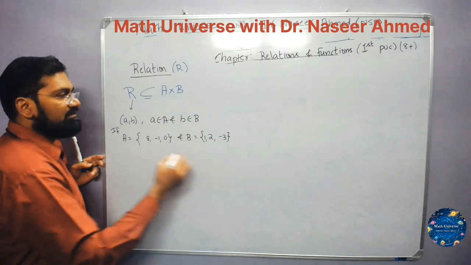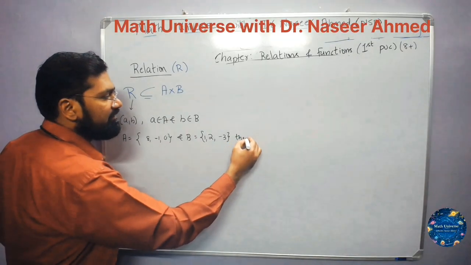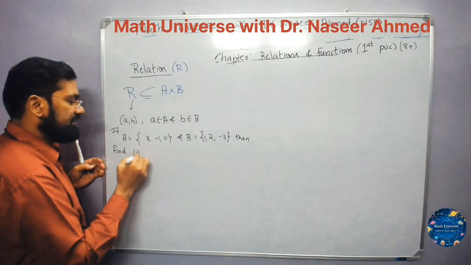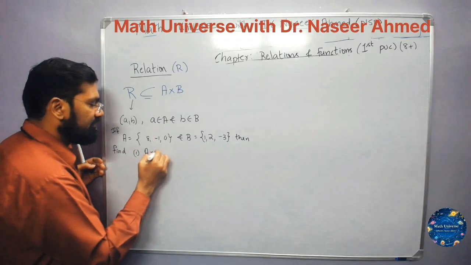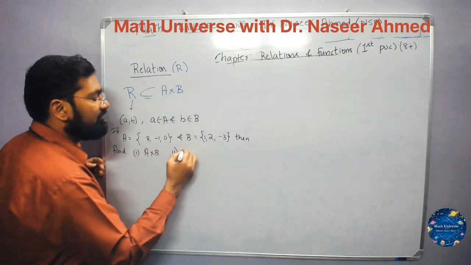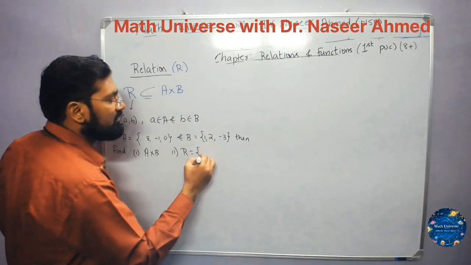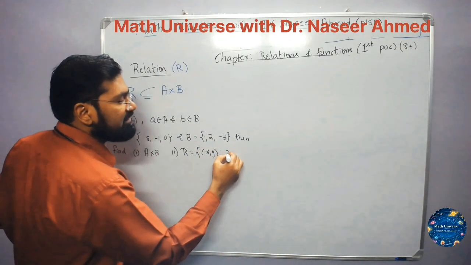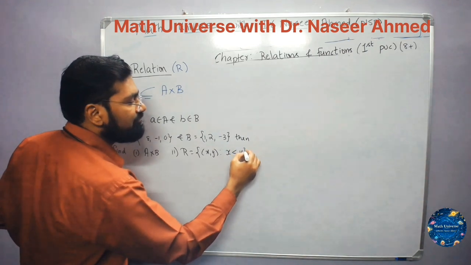Now, if this is given, then first thing, let us find A cross B. Then second thing, we have to find the set of all relation R such that the ordered pair (x, y), the condition here is x should be less than y.